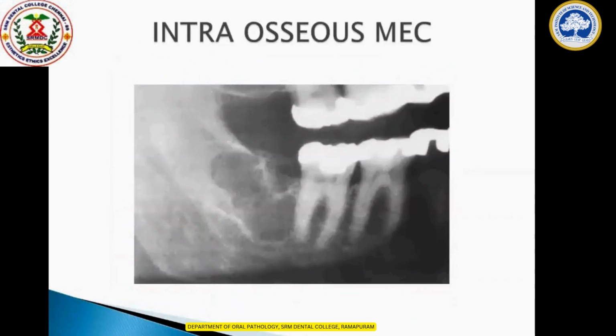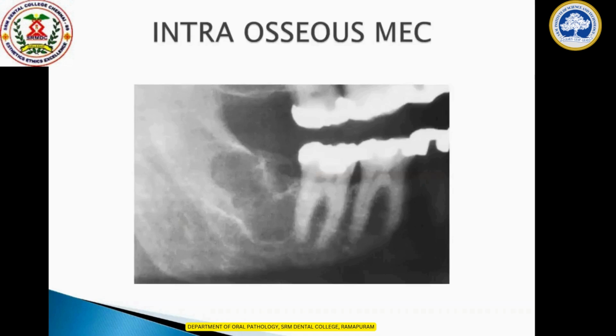The second one will be your intraosseous mucoepidermoid carcinoma. Intraosseous: the mucoepidermoid carcinoma can also occur within the bone. The bone involved will be either your mandible or your maxilla. In the mandible, it is commonly seen in the anterior region.